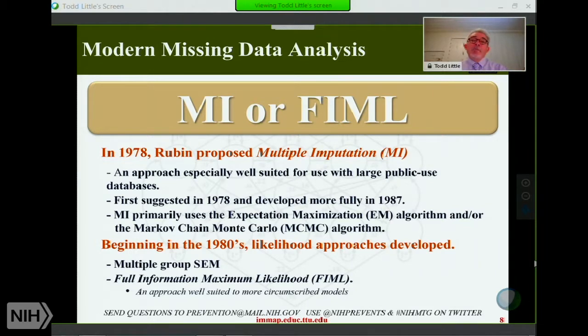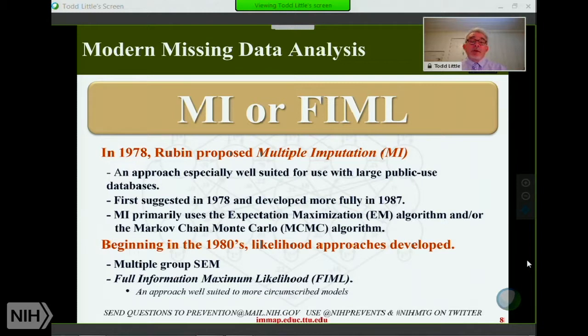So multiple imputation will, in fact, place plausible values where there are missing data cells, with the goal that those plausible values are trying to recover the variances, the means, and the covariances among the variables that exist in the data set. It's not trying to say something about the person, but it is trying to say something about the population from which the sample was drawn.